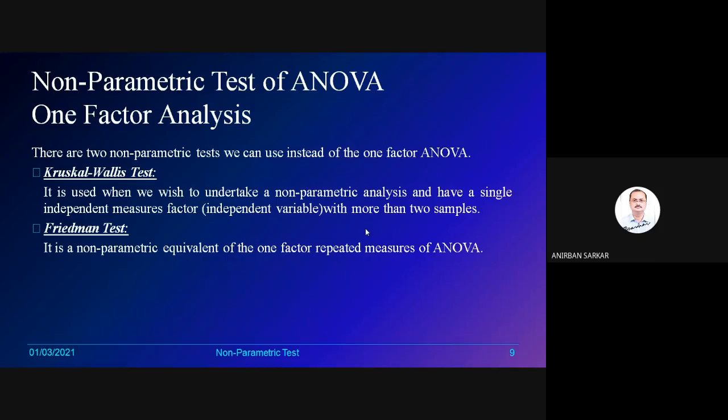The one-factor independent measures non-parametric equivalent is the Kruskal-Wallis test, and the one-factor repeated measures ANOVA non-parametric equivalent is the Friedman test. So let us now deal with this Kruskal-Wallis and Friedman test.